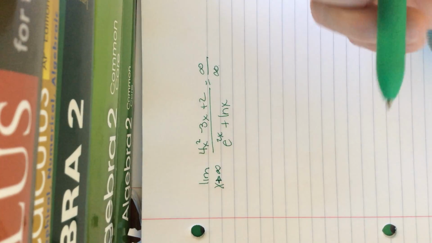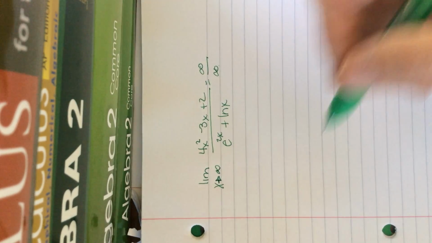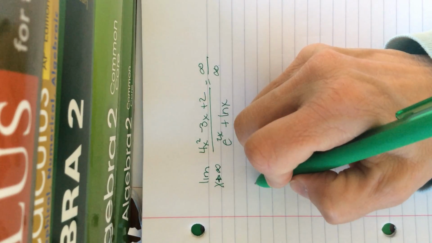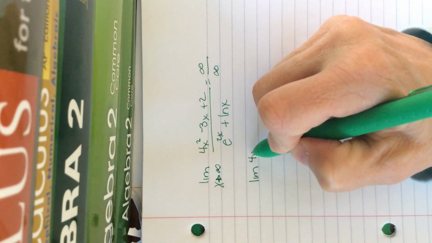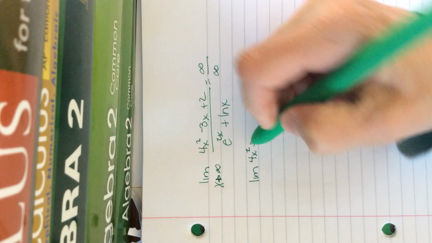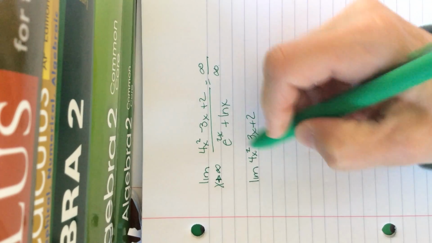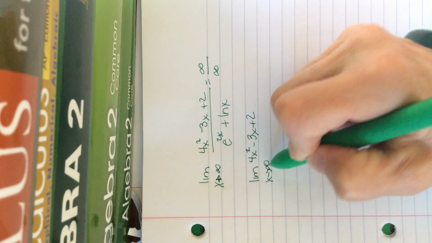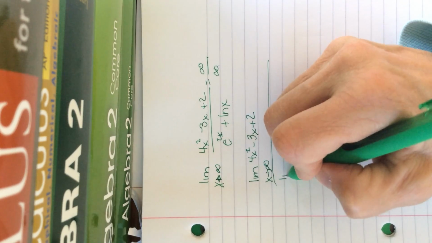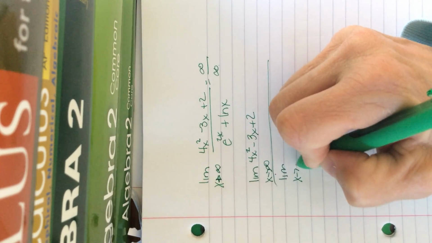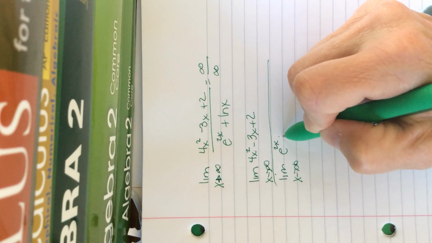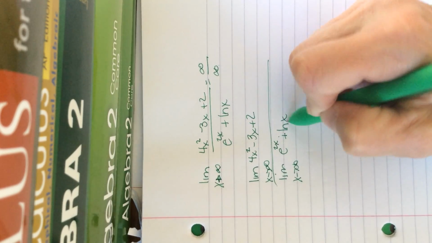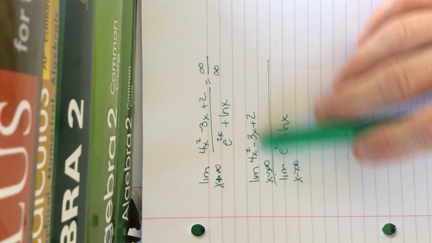Okay? All right, so let's approach this from a L'Hopital's rule. Let's find the limit of 4x squared minus 3x plus 2 as x approaches infinity, and divide that by the limit as x approaches infinity of e to the 2x plus the natural log of x. All right, so let's do the derivative here.